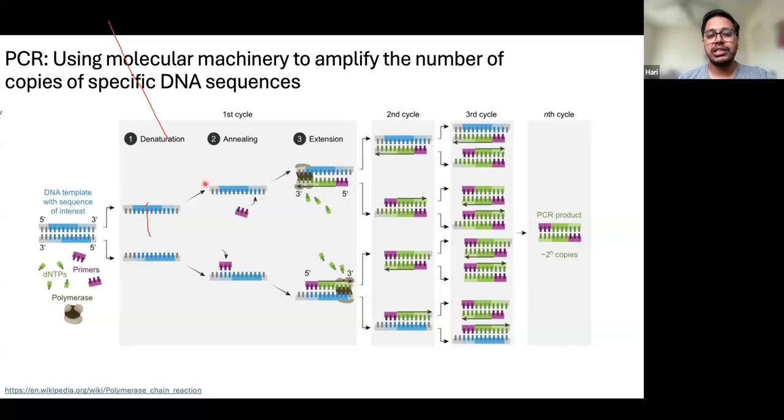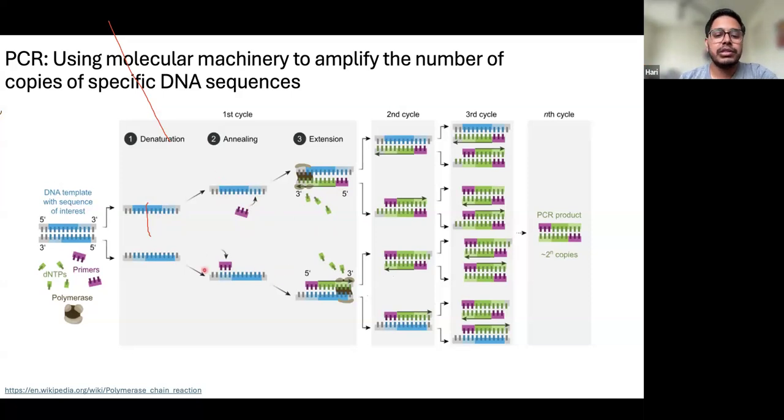The next step is annealing, where the primers bind to that particular sequence on the DNA. The next step is extension, where the DNA polymerase synthesizes a new strand of DNA onto the strand of interest.